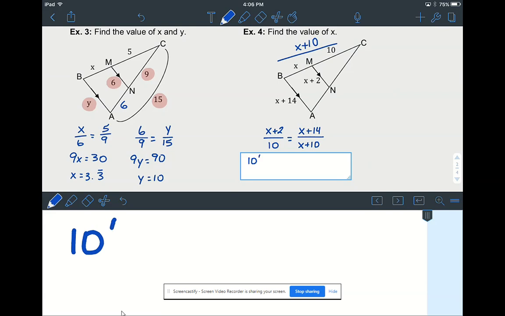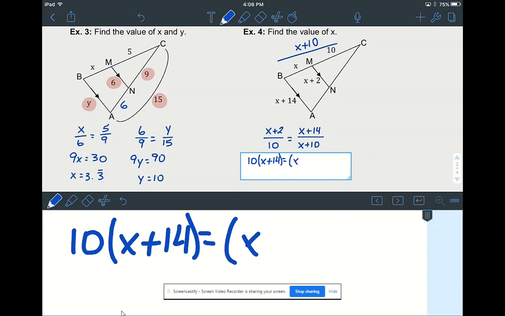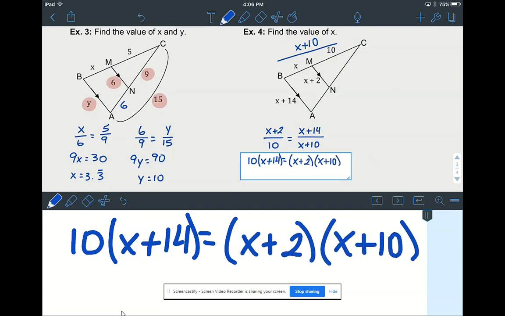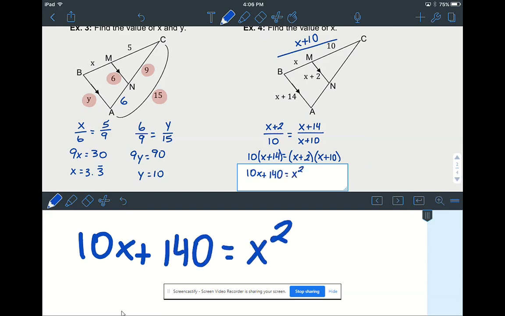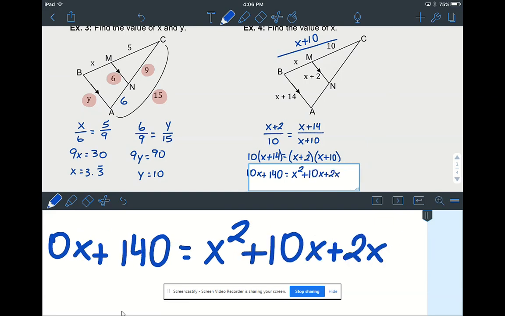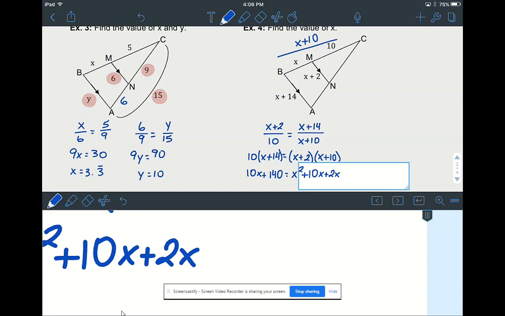So I'm going to do 10 parentheses x plus 14 equals x plus 2 times x plus 10. So we get 10x plus 140 whenever we distribute. And then FOIL, we get x squared plus 10x plus 2x plus 20.